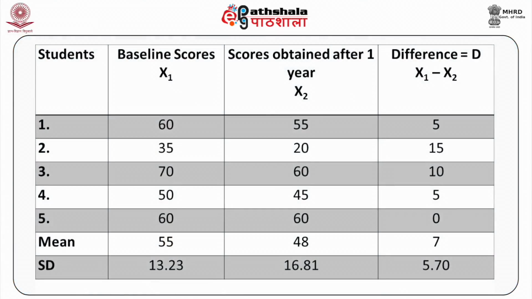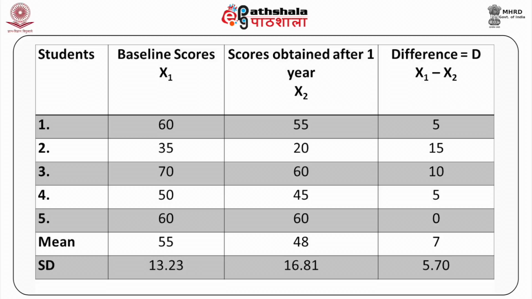We calculate the difference score D, means and standard deviation using the formulas that have been discussed before in this text. We find the value of difference D by x1 minus x2, that is the score of a student on the first occasion of testing minus the second occasion of testing gives us the value of D for that respective student.